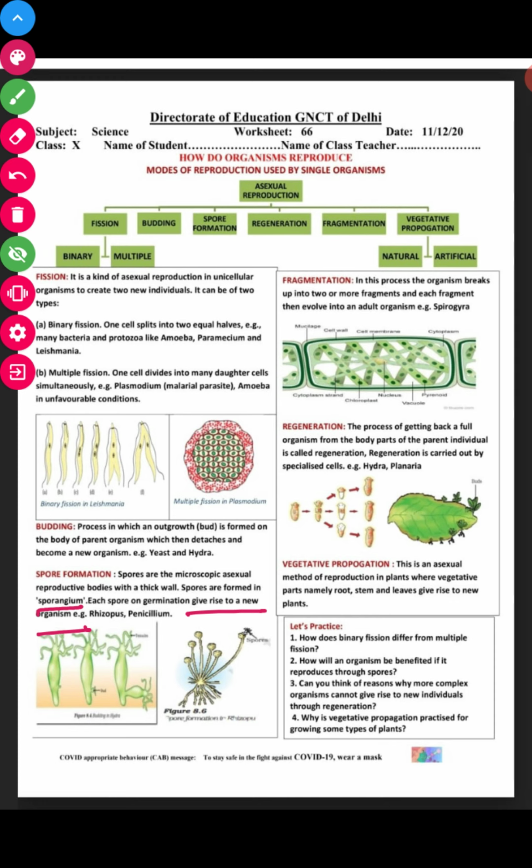Next, we have the third question. Can you think of the reason why more complex organisms cannot give rise to new individuals through regeneration? See, in the case of hydra or planaria, they are simple organisms, and the process of regeneration is very simple.